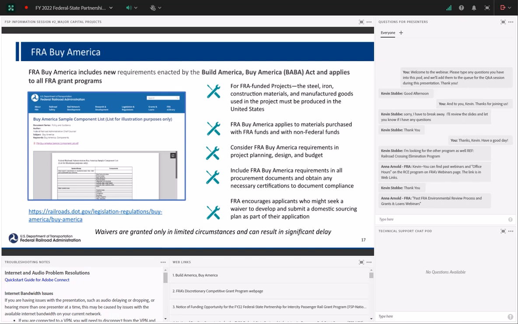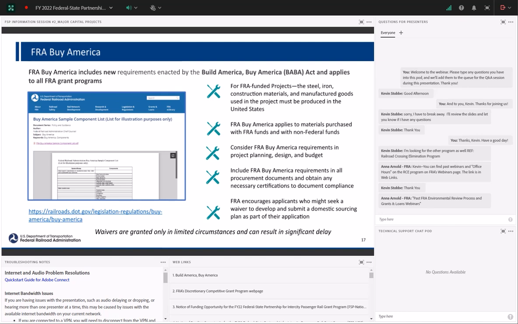Certain technologies may not be available, and we recognize that there may be a need to apply for a waiver for those technologies. However, to the extent possible, we are looking for applicants to demonstrate, based on the specifics of the project, how they are maximizing the use of domestic sourcing.